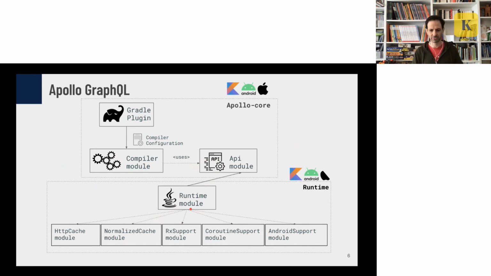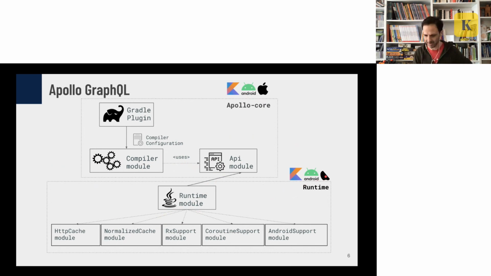The important thing to note is that Apollo core is already 100% Kotlin multiplatform. So you can generate Kotlin multiplatform models today and use them. All the JSON parsing is completely multiplatform, and it works on Android and iOS. The runtime is still experimental and a work in progress.